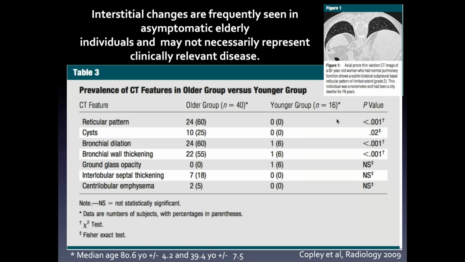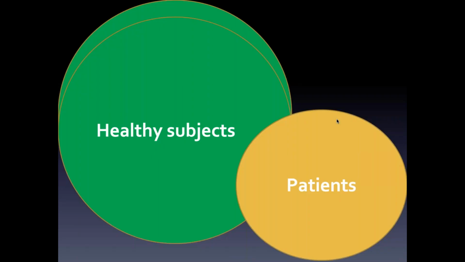And they said that interstitial changes are frequently seen in asymptomatic elderly individuals, and suggested that these changes may not necessarily represent clinically relevant disease. So the problem arose because of the use of very, very subtle investigative tools.